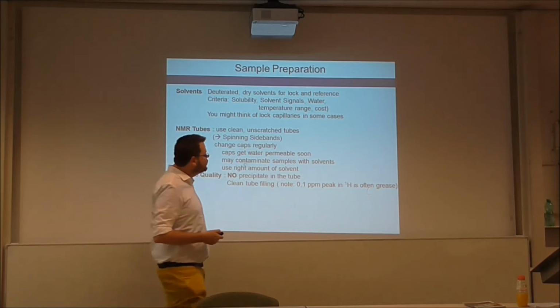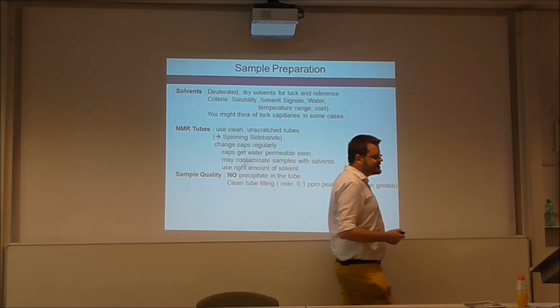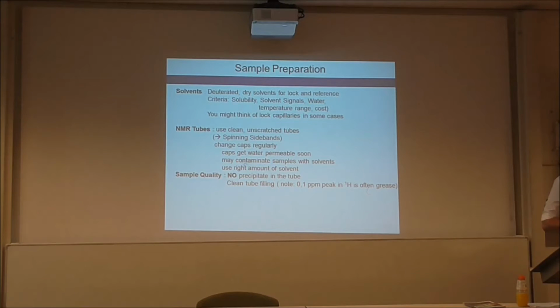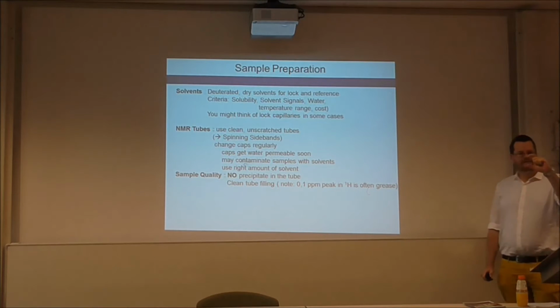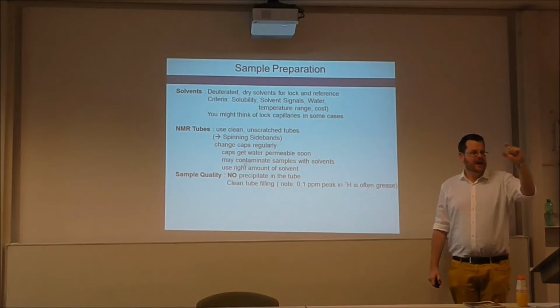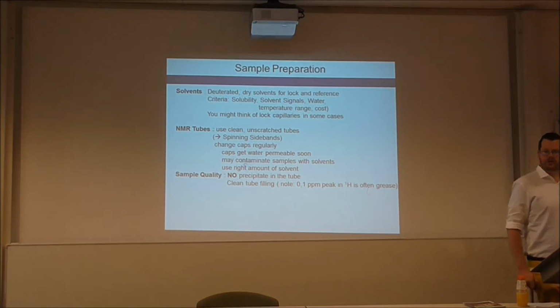So what some people do to save costs is, instead of dissolving the whole sample in the deuterated solvent, they just add a capillary. You can fill a capillary with a deuterated or deuterium-enriched solvent and put that in the NMR tube with a normal solvent, and that enables one to get a lock signal so that you can actually record the spectrum.